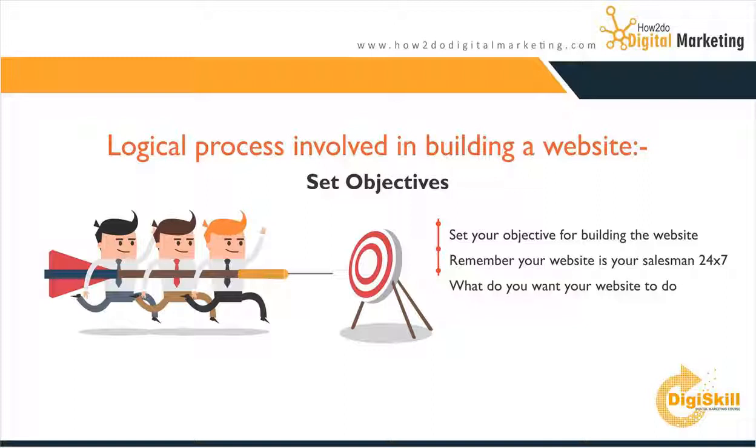Some people say they want a website to act as a lead generator, which means that they want to generate inquiries. For some, it could be simply to deliver some information. These are various objectives that you can set for your website. And based on the objective, you need to design your website and also the content around that objective.